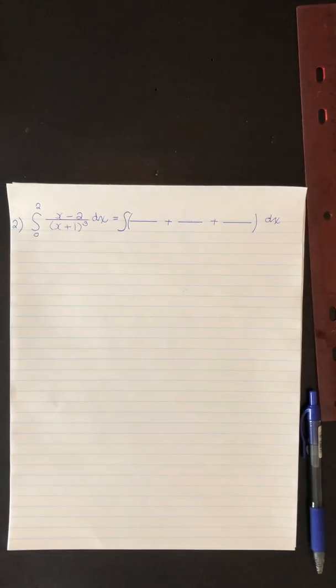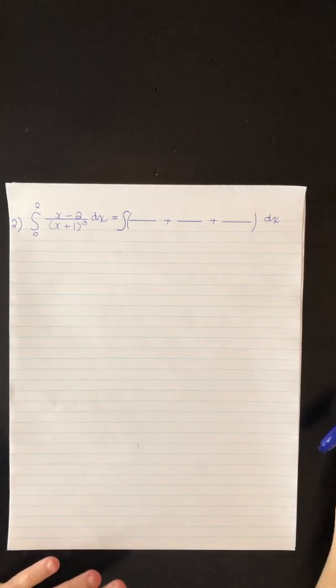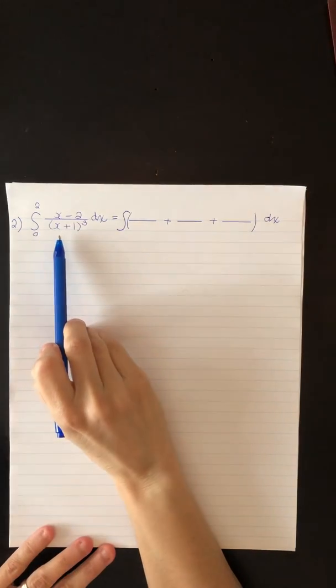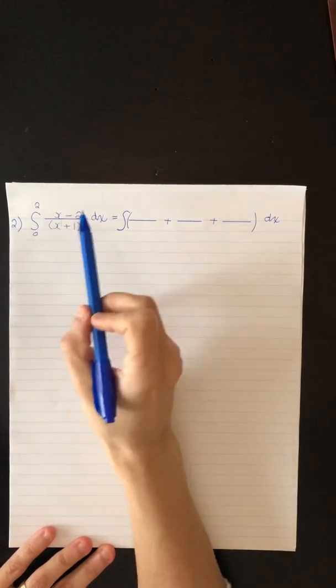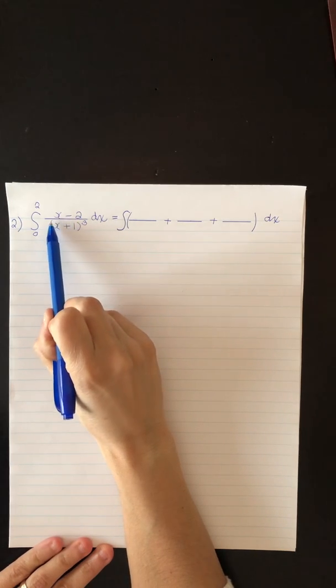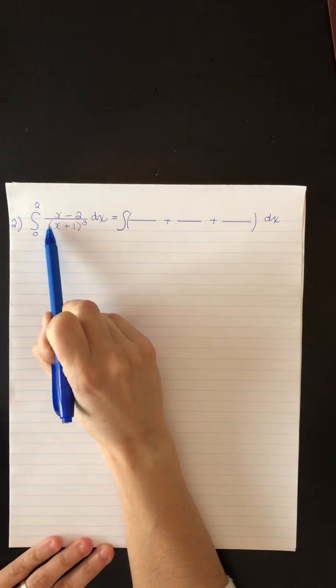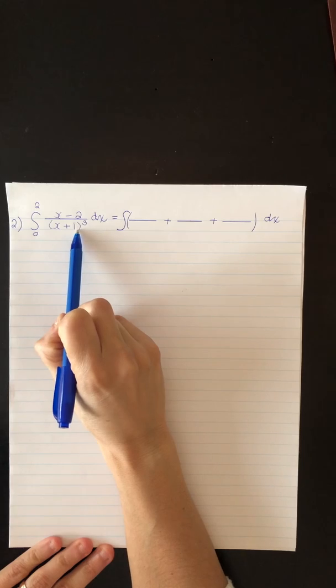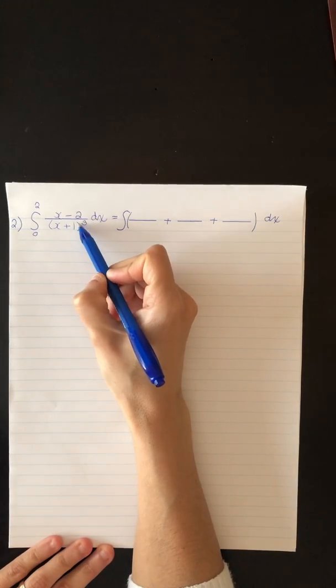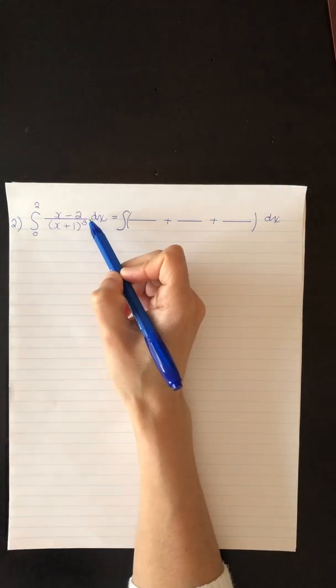Okay, this is repeated linear factors, example 2. Here's the integral. The denominator here has a factor of x plus 1, which is considered linear, with an exponent of n equal to 3.